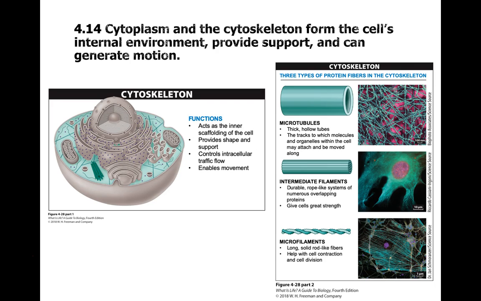Then slightly smaller, we have intermediate filaments. This is kind of a rope-like system that gives the cell some of its structure and strength. And then we have microfilaments that are really small rod type fibers, and these are important when we get to cell division. So actually changing the shape of the cell so that it can divide.